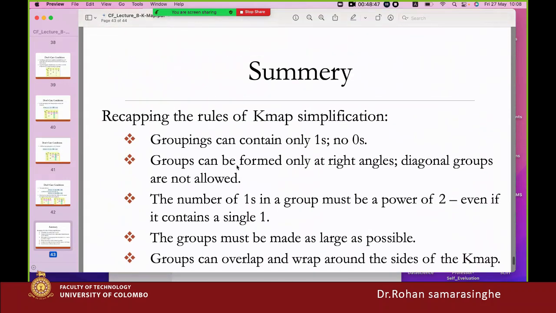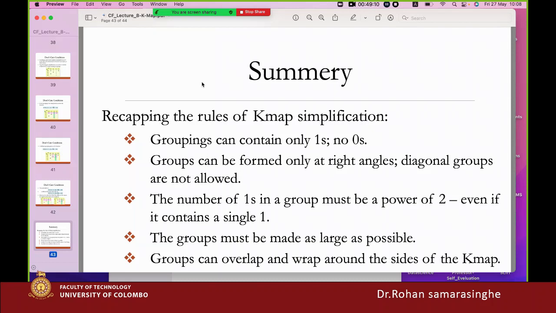Then finally, once again, before doing an example, a recap of the rules for K-map simplification. A group can contain only ones, not zeros. These are the 7 rules. Groups can be formed only at right angles. Diagonal groups are not allowed. As I explained, diagonal groups are not allowed.